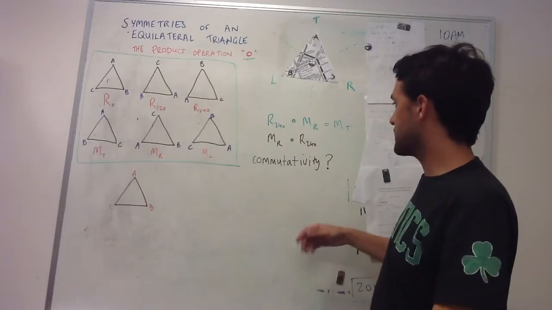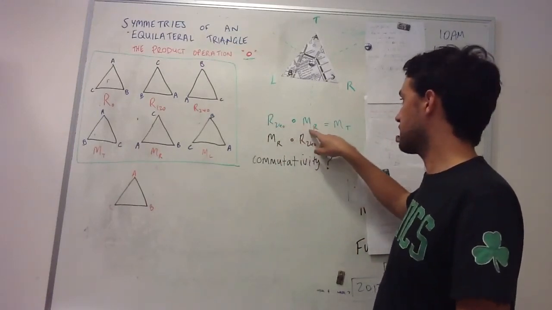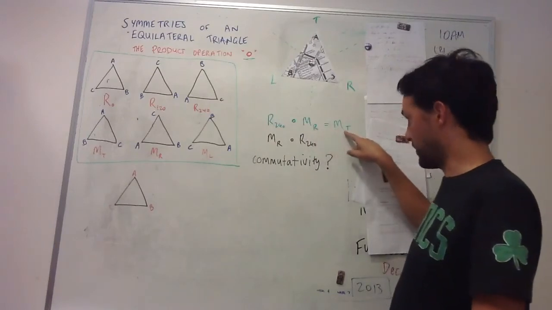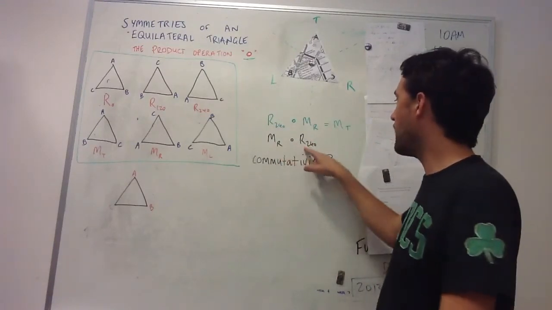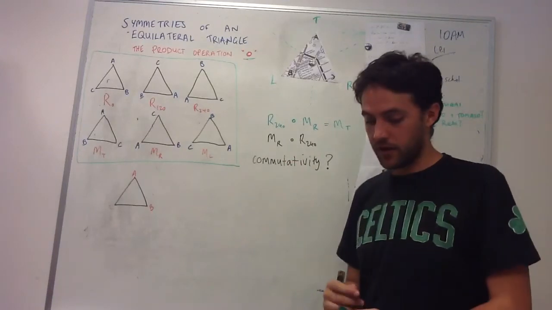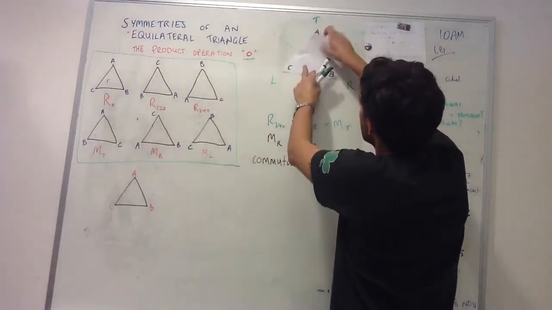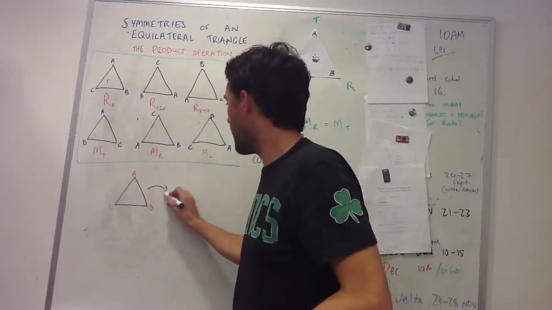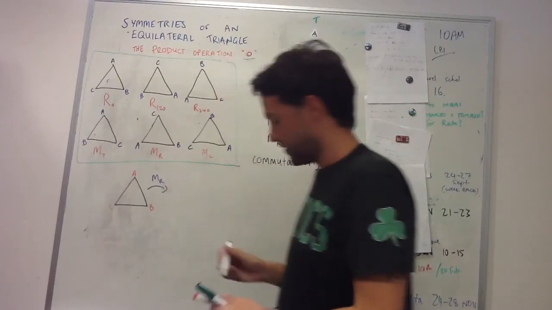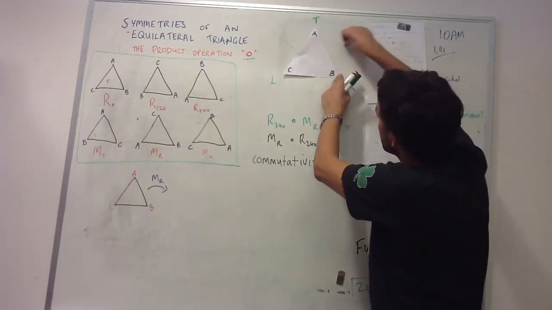So we're asking the question, if R240 product with MR is equal to MT, is the product of MR and R240 also going to be equal to MT? So let's have a look. Start here. I'm going to do my MR. So MR flips through this vertex here.